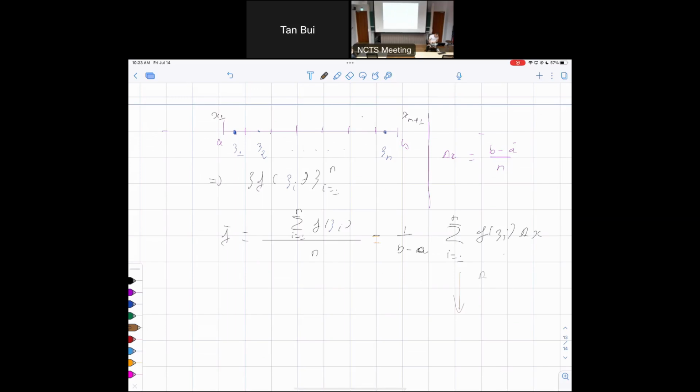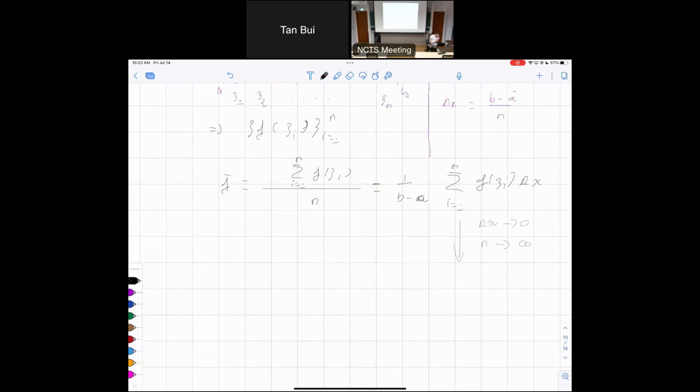In this case it's equivalent to n going to infinity, because we assume the subintervals are the same. Then this is nothing more than 1 over b minus a times the integral from a to b of f of x dx, using the Riemann integral.